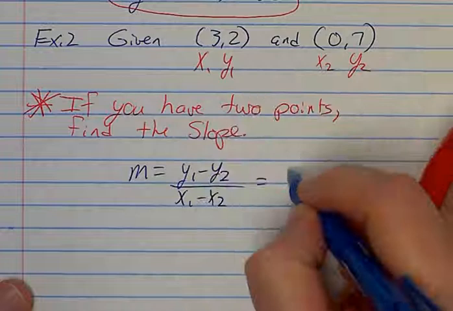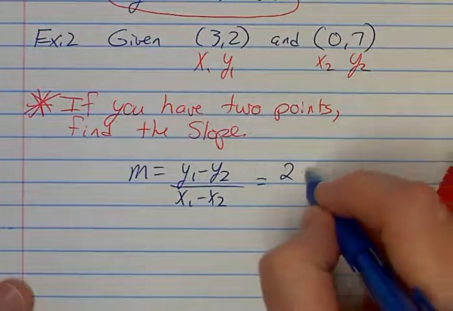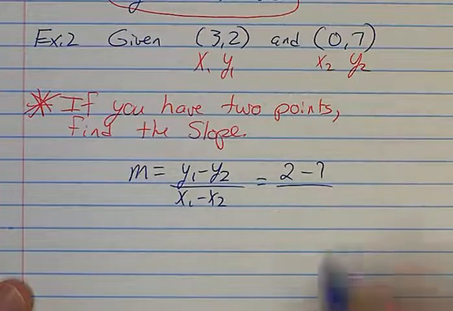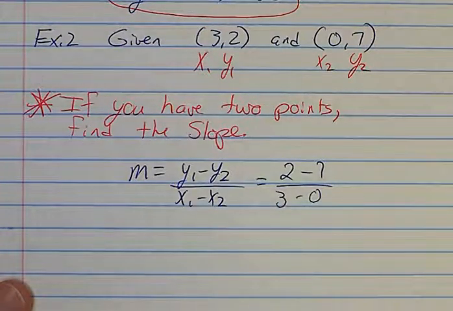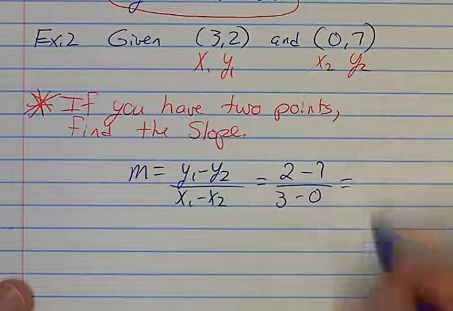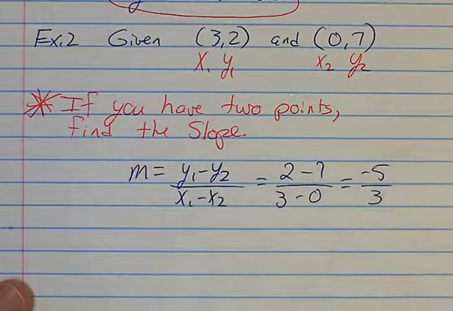All right, y1 is 2. The y2 is 7, so that's 2 minus 7. x1 is 3 minus 0. All right, 2 minus 7 is negative 5. 3 minus 0 is 3. So now we've got the m value that we needed here.